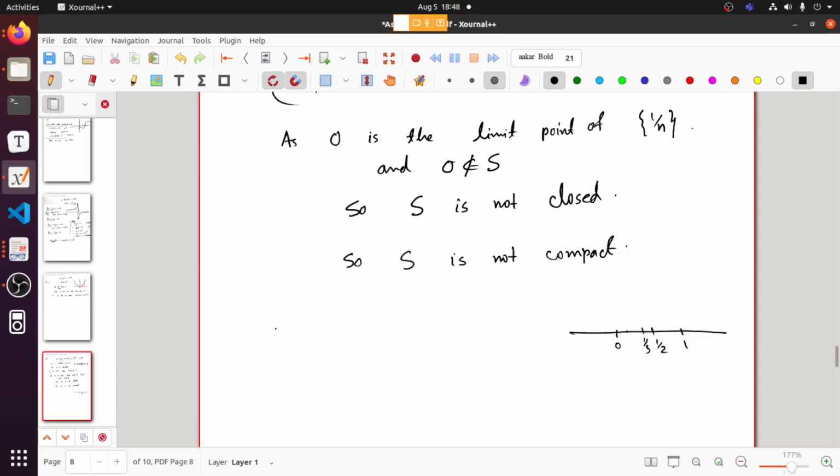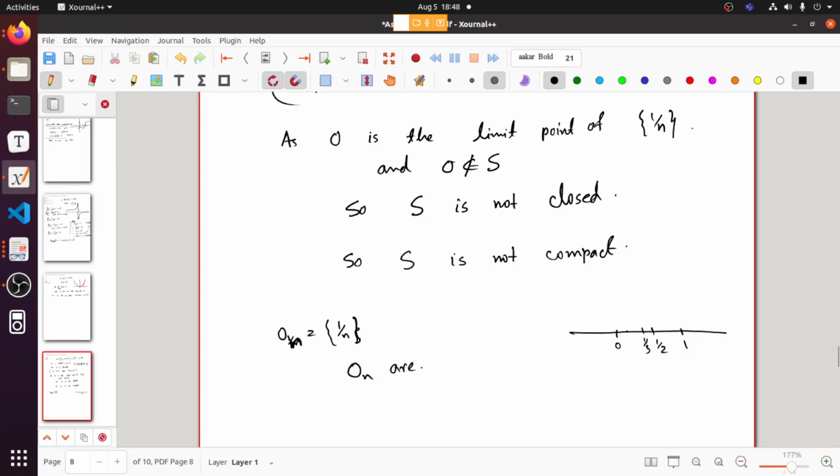Suppose you construct this cover O n. Here all the points are open sets, right? 1 by n in this set, discrete topology, right? Yes, sir. So here all the points are open sets. But this is a cover for this S, right?